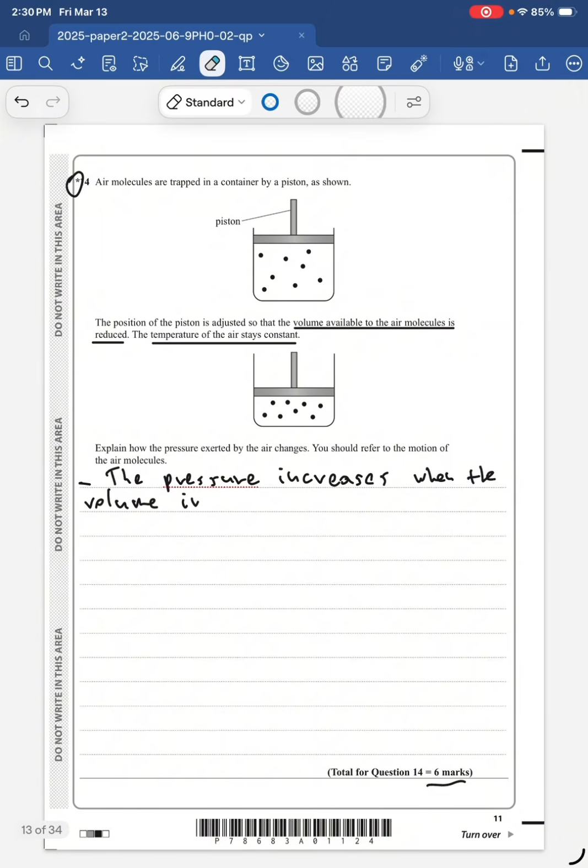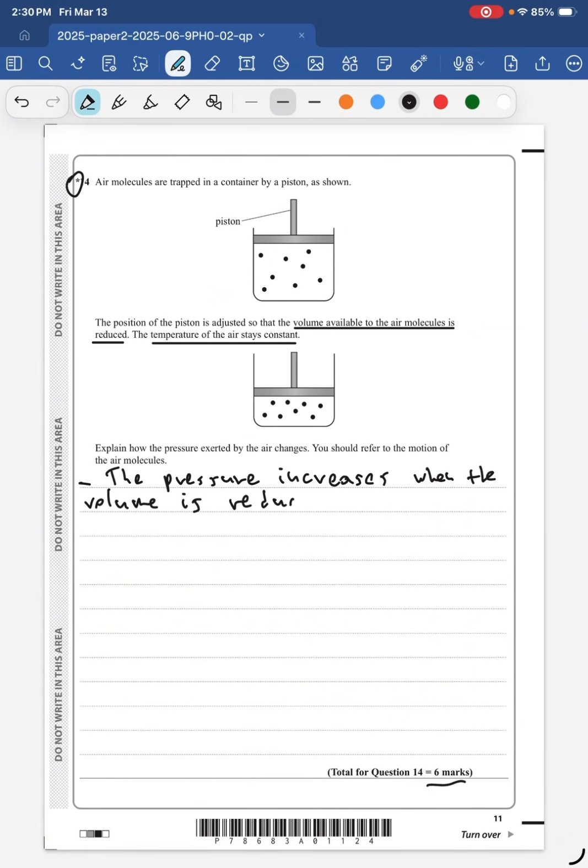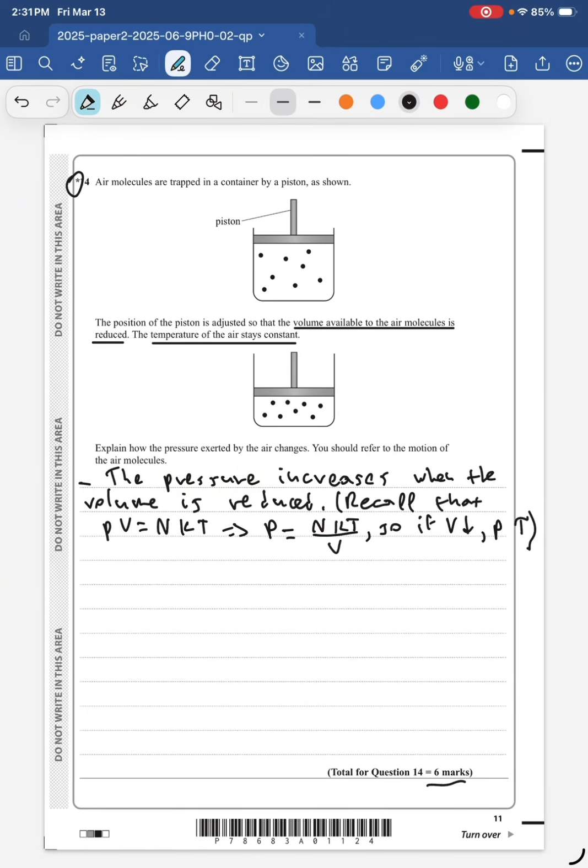And recall, let's write it in parentheses, recall that P times V is NkT. Therefore, P is NkT over the volume. Okay, so if the volume decreases, the pressure increases. Okay, so that's the complete answer.